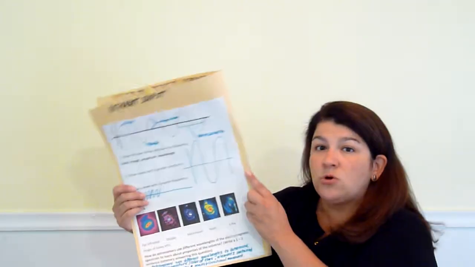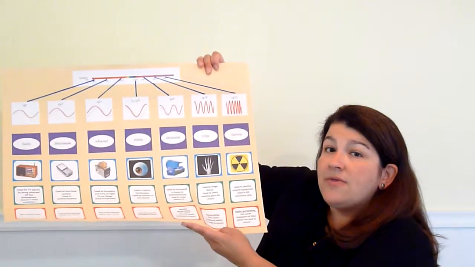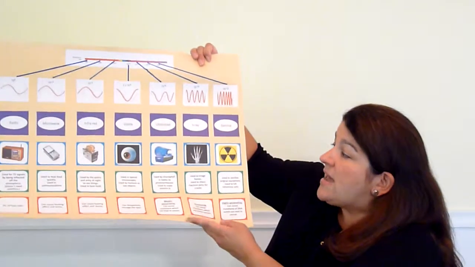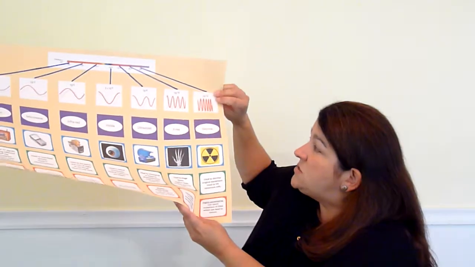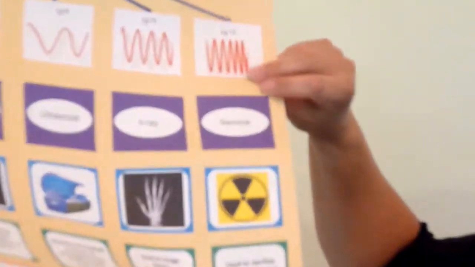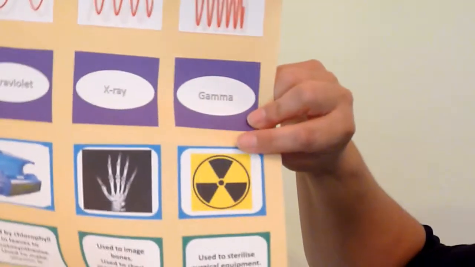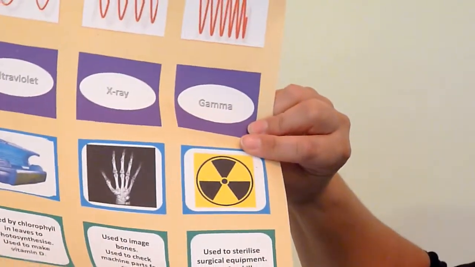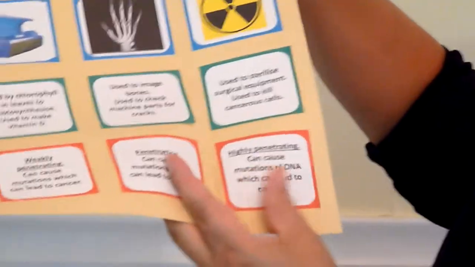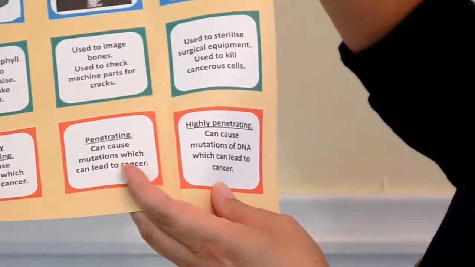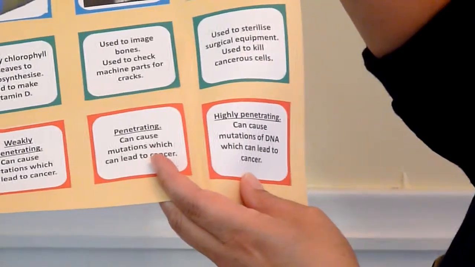Moving from this, we're going to transition to our cooperative groups based upon learning styles. Students would transition, and we'd have music playing and a timer, and they would be working with their set of wave cards. In groups, students would need to align their wavelength with the type of wave, with the memory tool or image for that tool, along with what the wave is used for, and then what the penetration power is of that wave.